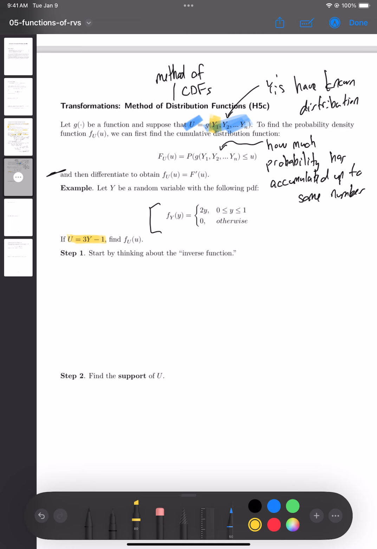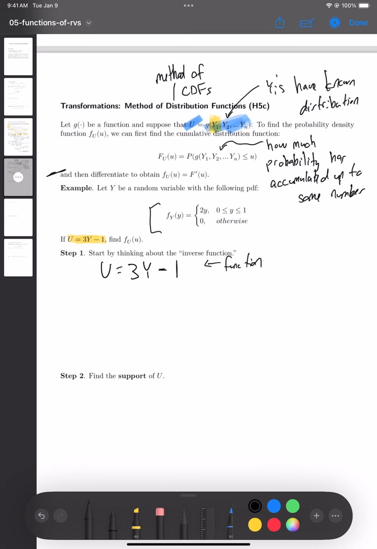And so we are going to break this down into 4 steps. First, we're going to start by thinking about what the inverse function is. We're going to use that from time to time in the remaining steps. If u is equal to 3y minus 1, we're getting that from the problem. This is the function.